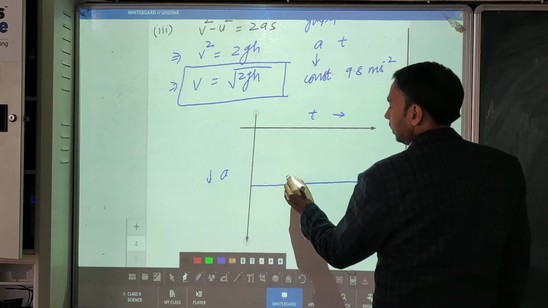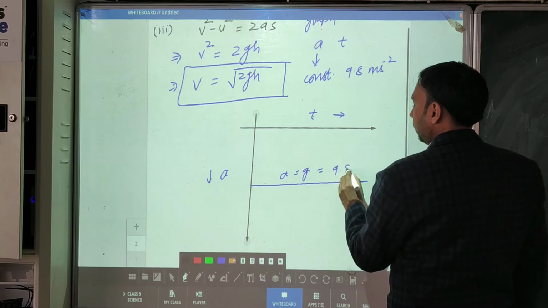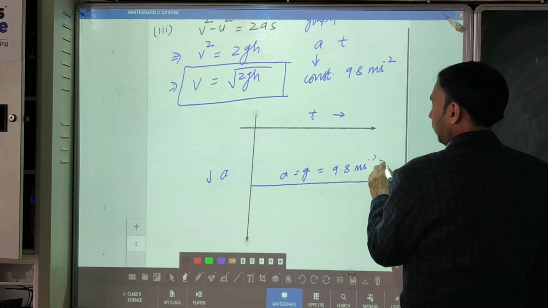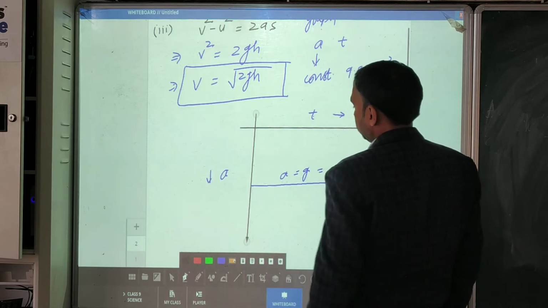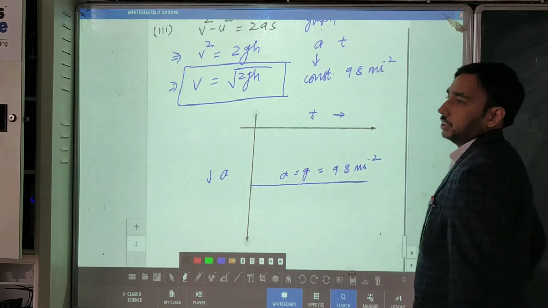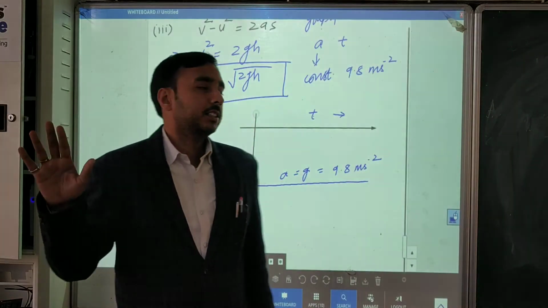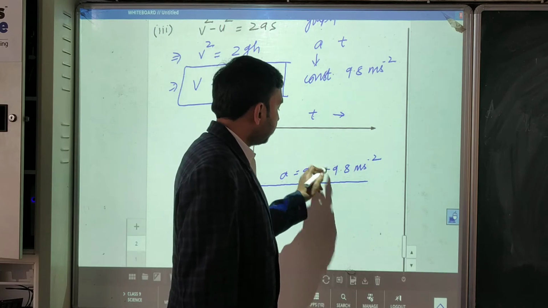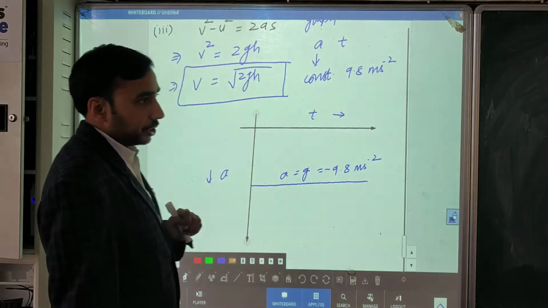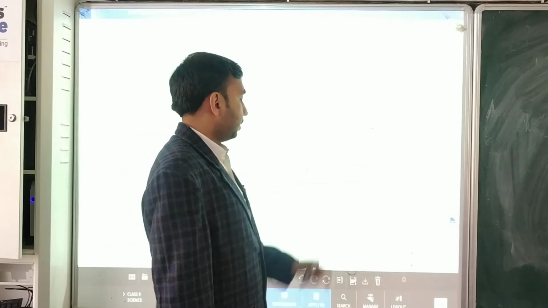It is constant, a is equal to g, and that is equal to 9.8 meter per second square. Now since we are moving in the downward direction, in graphical representation we generally use the Cartesian coordinate sign convention. So because it is in the downward direction, it is minus 9.8 meter per second square.